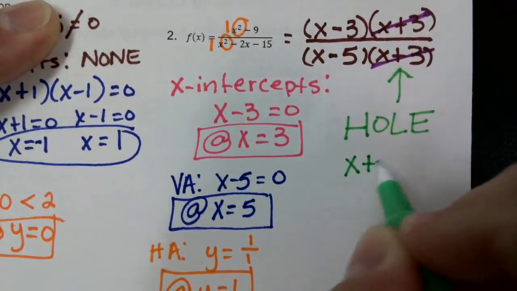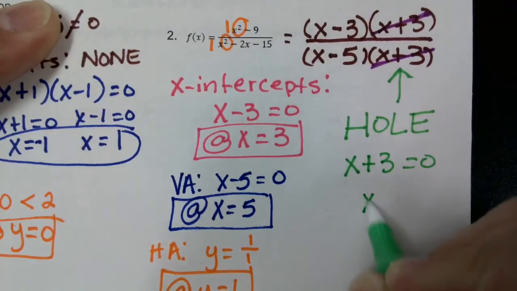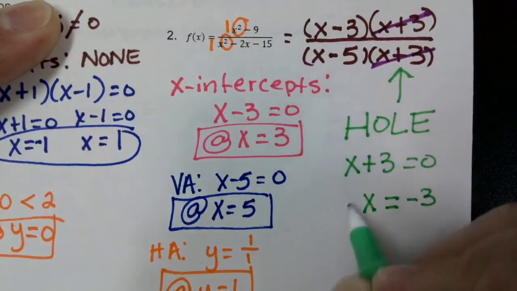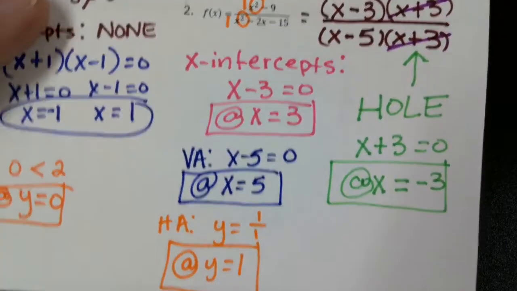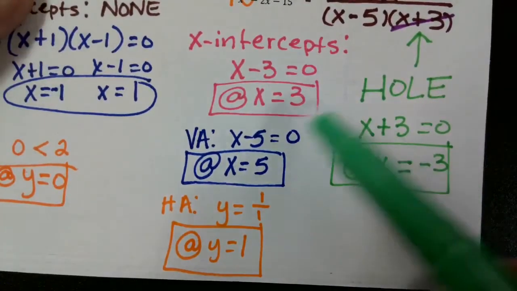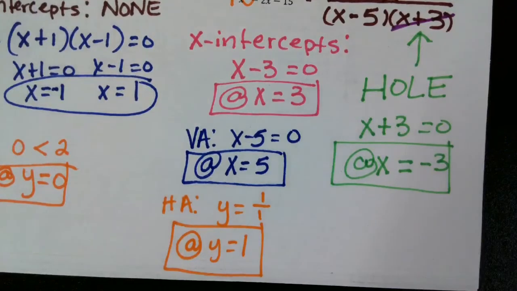So I will set x plus 3 equals 0, and that gives me negative 3. So I have a hole in the graph at x equals negative 3. Once I find all of these parts, then it is simple to graph these functions.